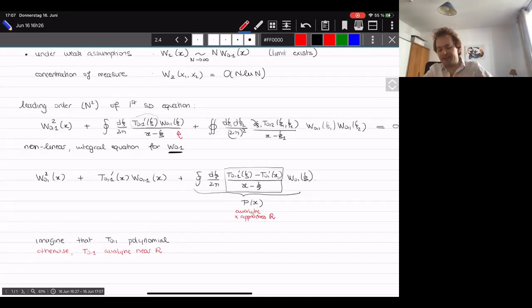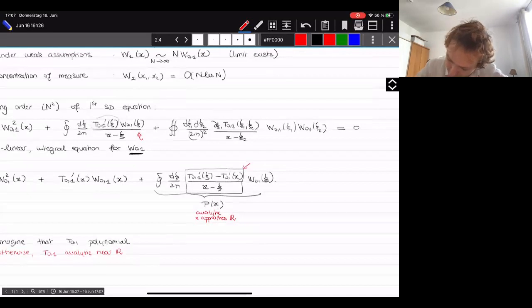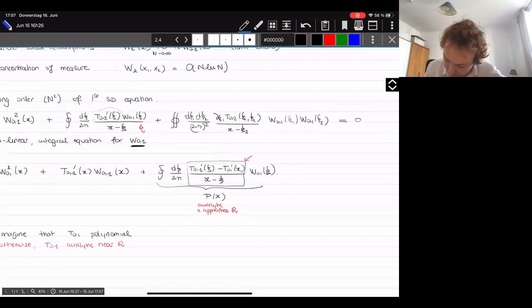So if you want to let X approach the real axis, you have to put it inside the contour. So this thing may have a discontinuity on the real axis. But it's not the case anymore here. That's now holomorphic near R. So that's going to help us.